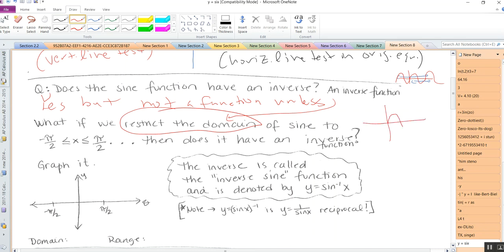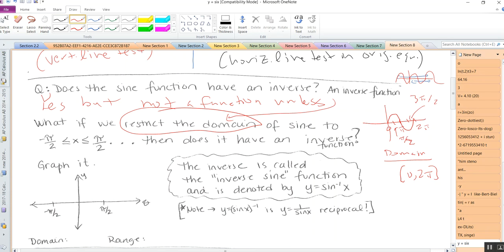If I graph this right here and just that, my domain, hopefully you recognize the period, is from 0 to 2 pi. So that's 0, that's pi, that's 2 pi, and in the middle you have pi over 2 and 3 pi over 2. So again, if you draw horizontal lines, it's going to cross the graph more than once.